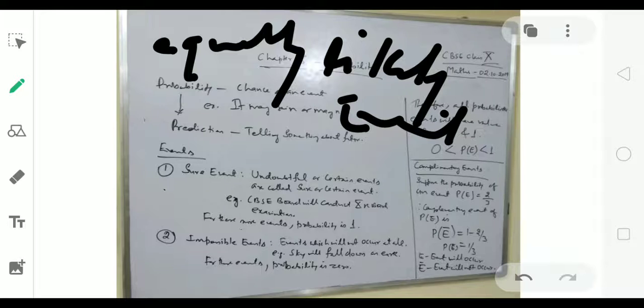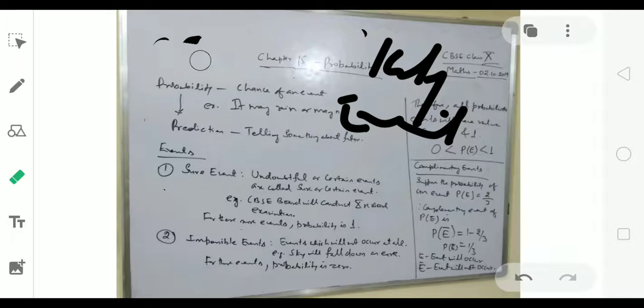It is impartial, as we are getting 1 by 2 probability of tossing a coin. Why are we utilizing it? Because it is an equally likely event, and equally likely events are impartial. Nobody can say that some partiality is done. So that's why this equally likely event is also very much useful.